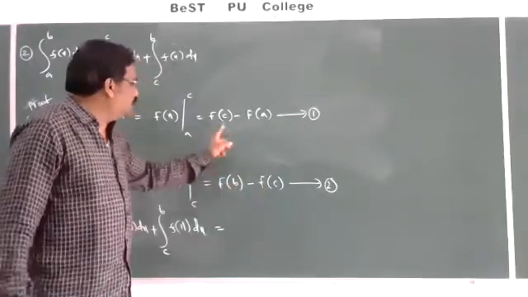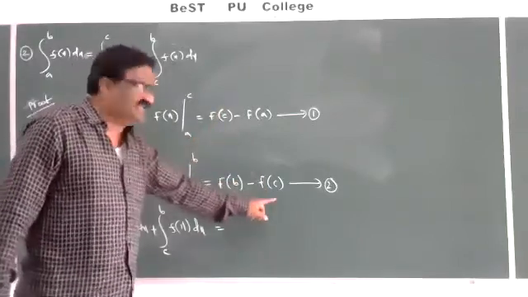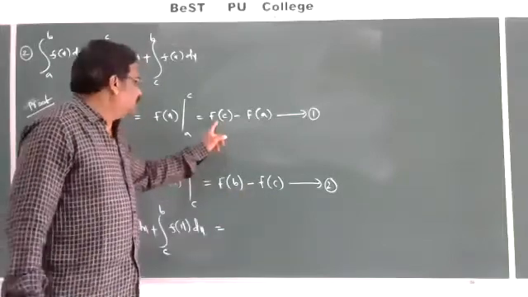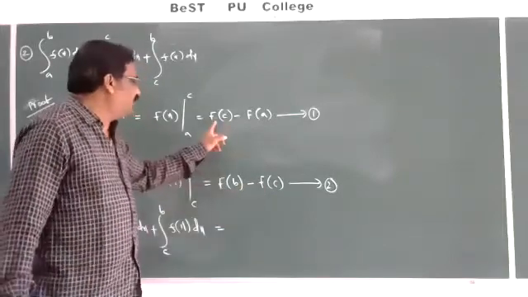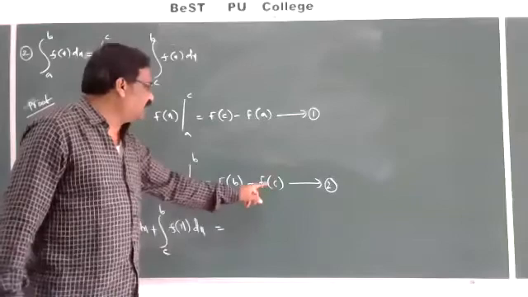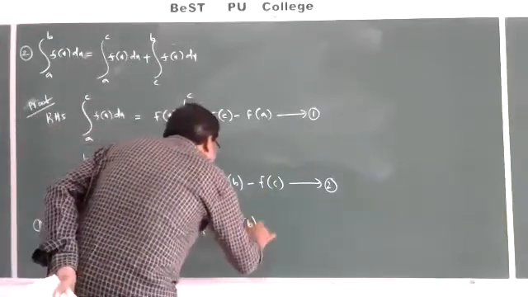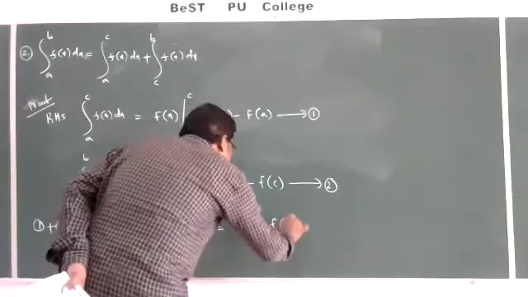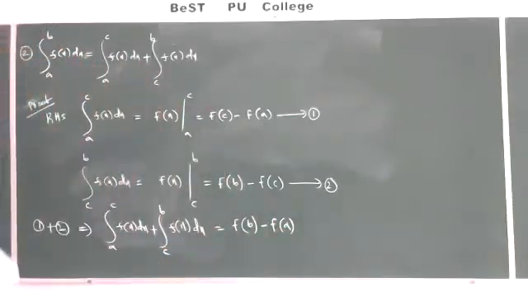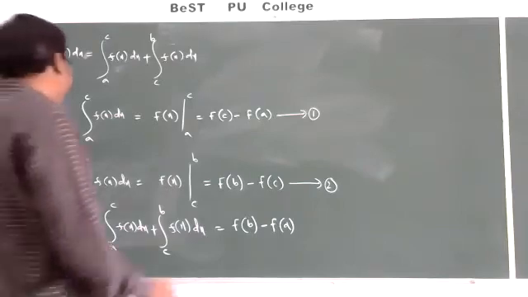Adding these two, plus F of c and minus F of c cancel. Then you get F of b minus F of a.